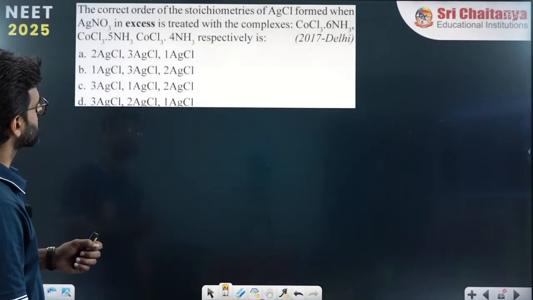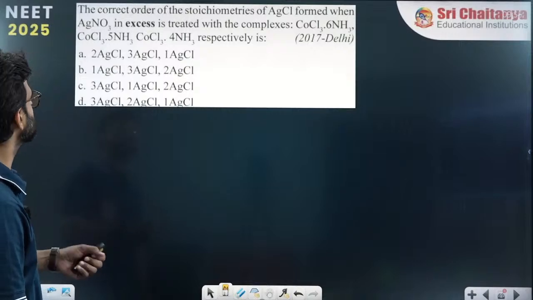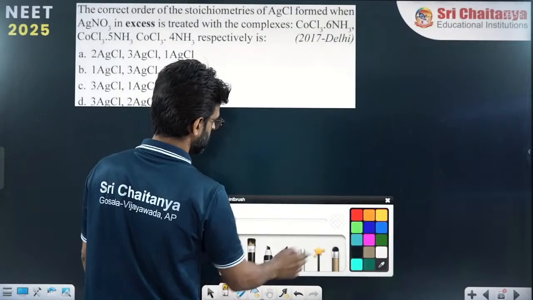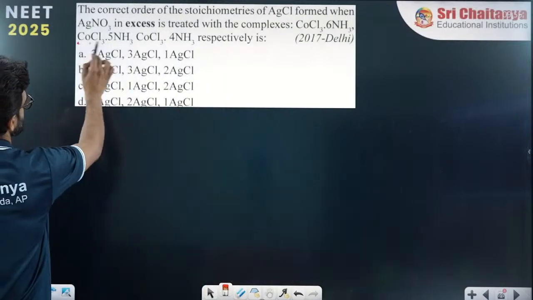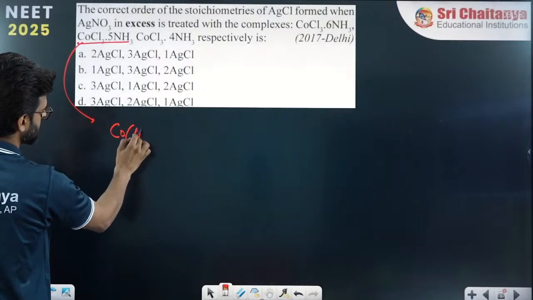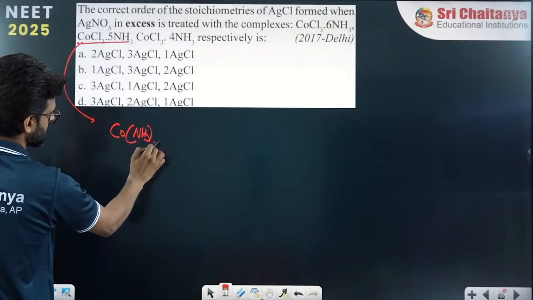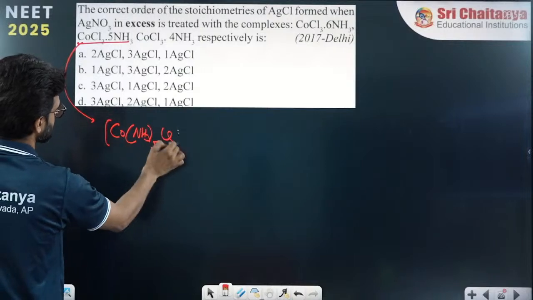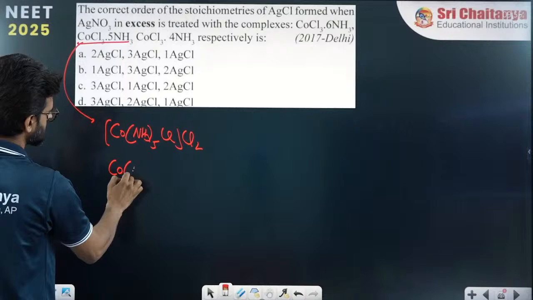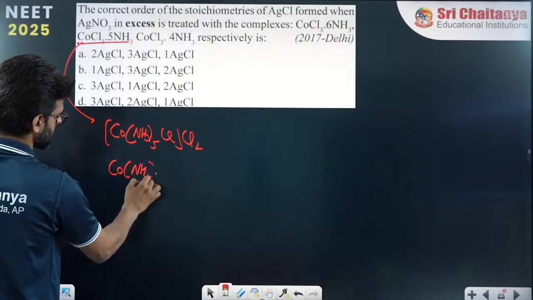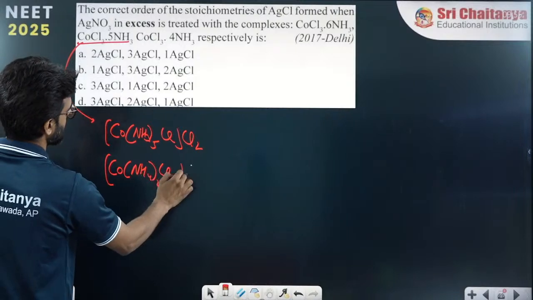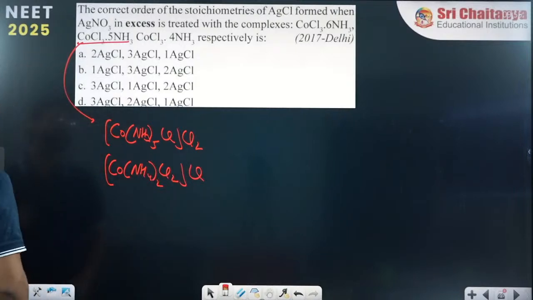The correct order of stoichiometry of AgCl formed with the following. If you look at this carefully, this one, CoCl3 with 5 ammonia. So if already 5 ammonia are present which can act as ligand, only one Cl comes inside and 2 Cl remain outside. In this case we have only 4 ammonia to act as ligand, so I have to use 2 of the chlorine as ligands and only 1 Cl outside, right?